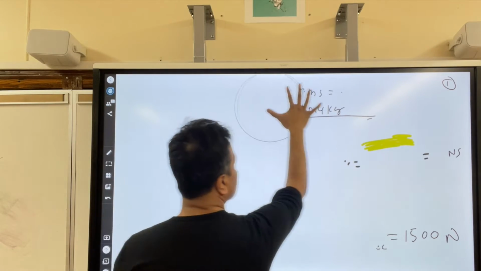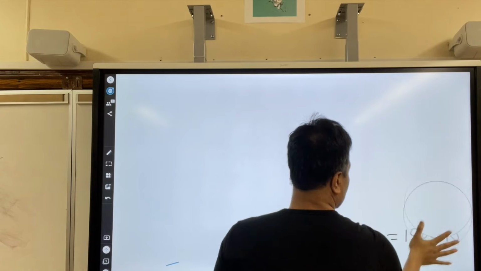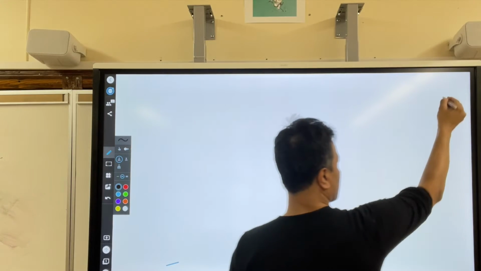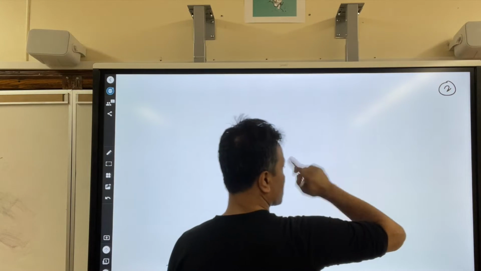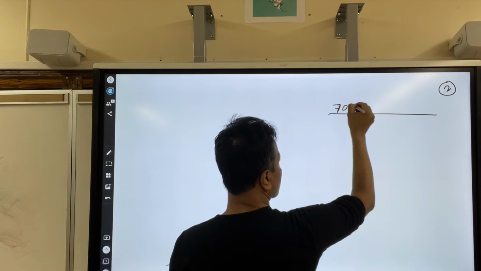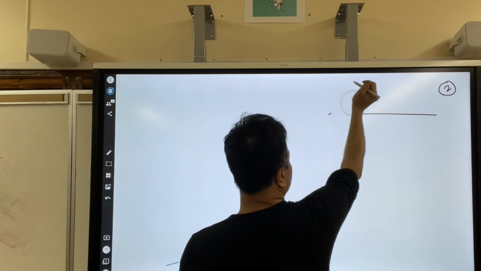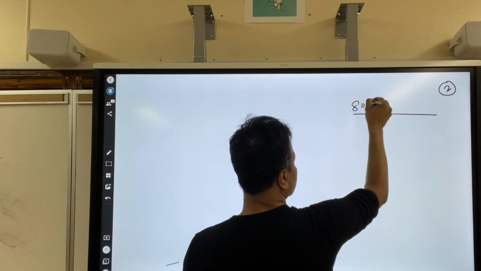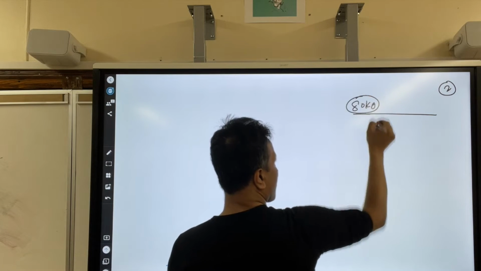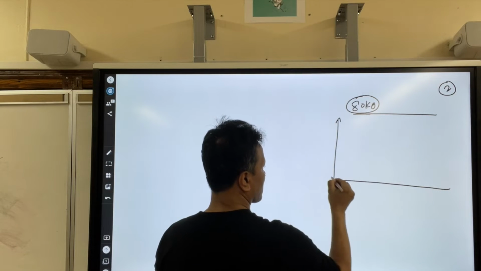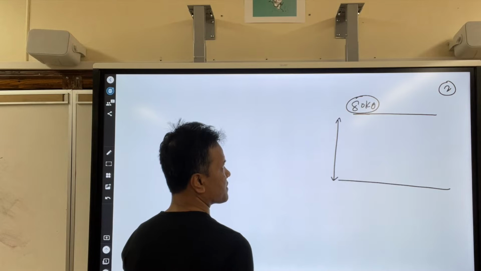Okay, let's consider another problem. Problem number 2. Let's see what we can do to improve our understanding. Let's consider Tom Cruise, who is 70 kilogram probably, maybe 80 kilogram. Okay, 80 kilogram. So Tom Cruise jumped from 45 meters above the ground.